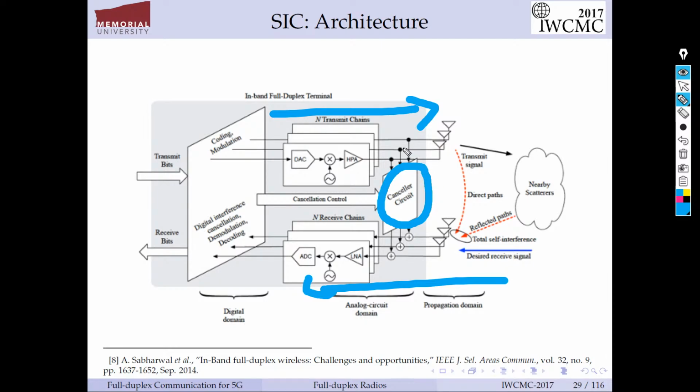So you take part of the transmit signal from here, and you cancel it from the signals you received from the antenna. But as you can see, you increase the complexity a little bit because it's implemented in the analog domain and causes changes to the transceiver structure.